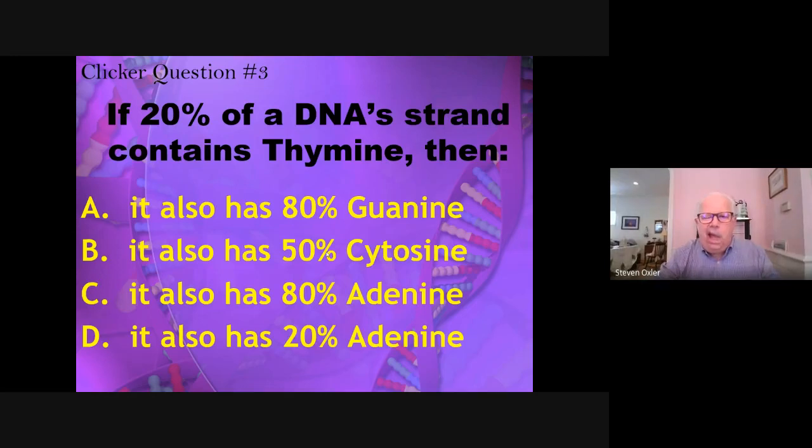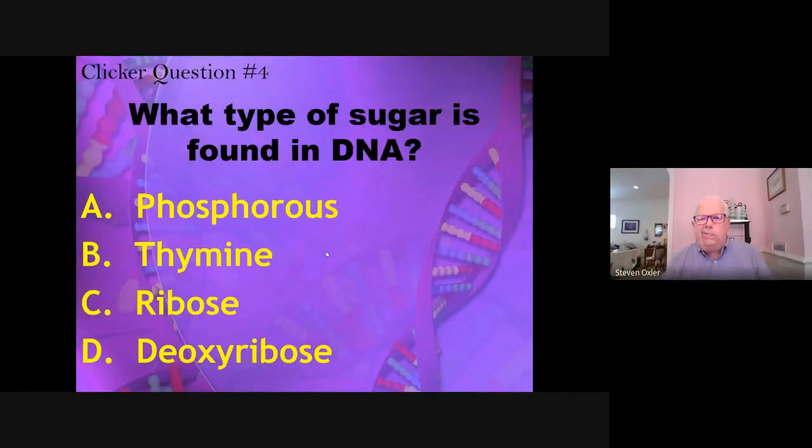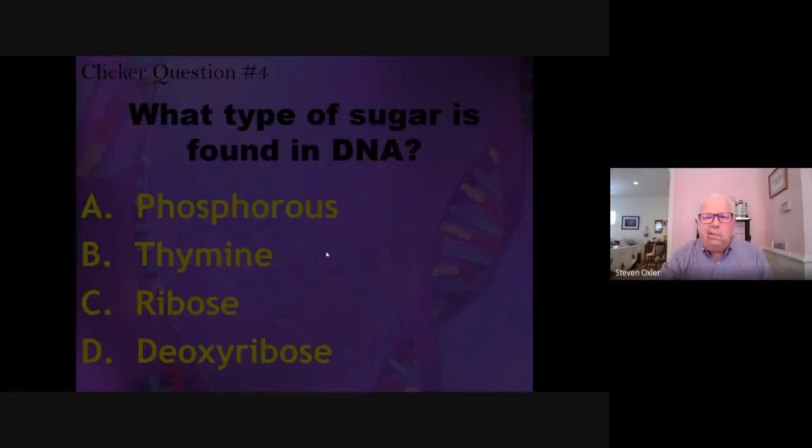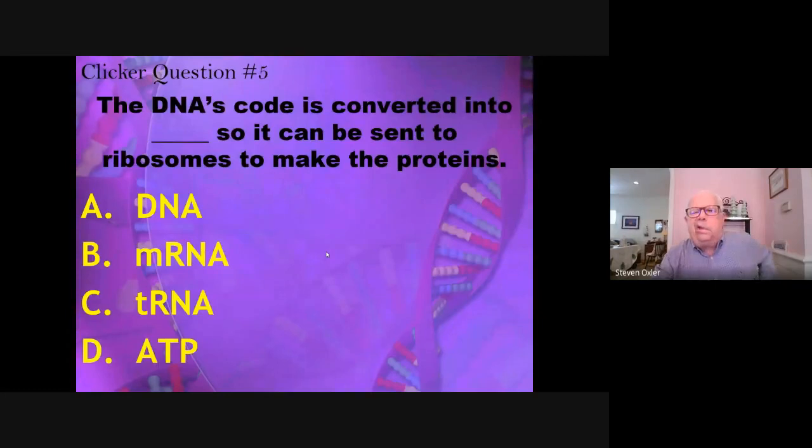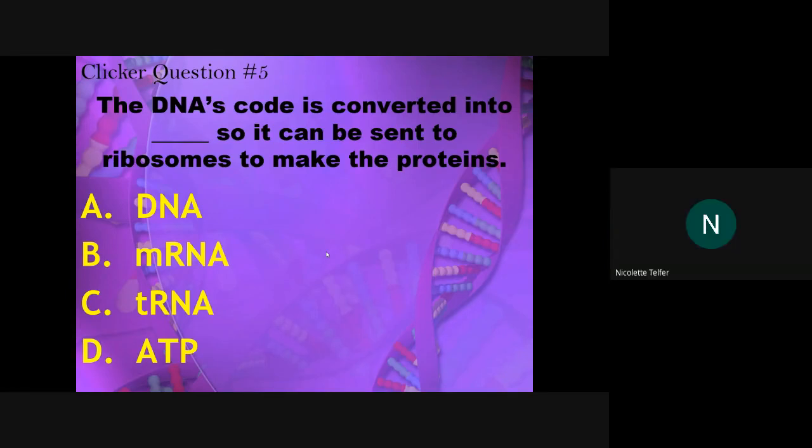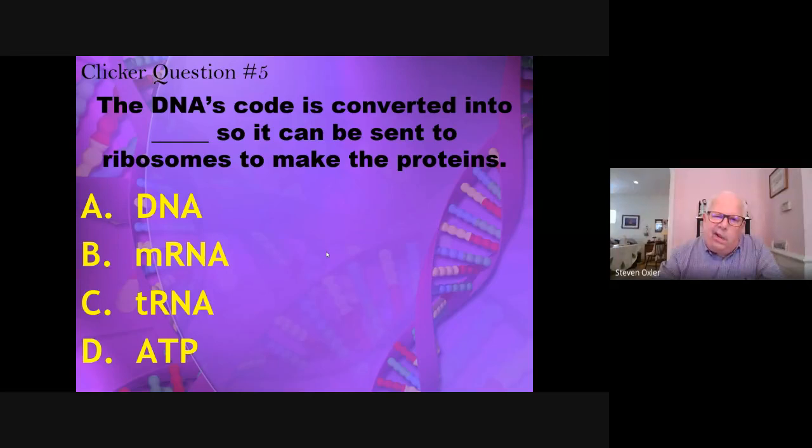Remember, A and T go together and it's got to add up to 100%, right? All right. What type of sugar is found in DNA? Deoxyribose. The DNA's code is converted into blank so it can be sent to ribosomes to make the proteins. B? B. mRNA, correct.